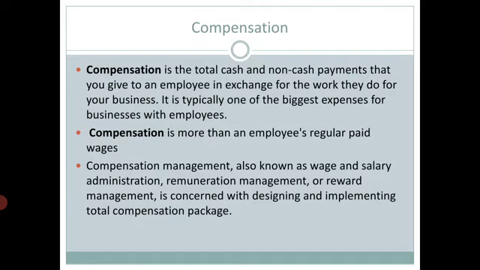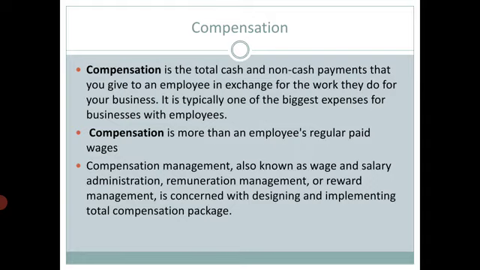So what is compensation? Compensation is the total cash and non-cash payments that you give to an employee in exchange for the work they do for your business.